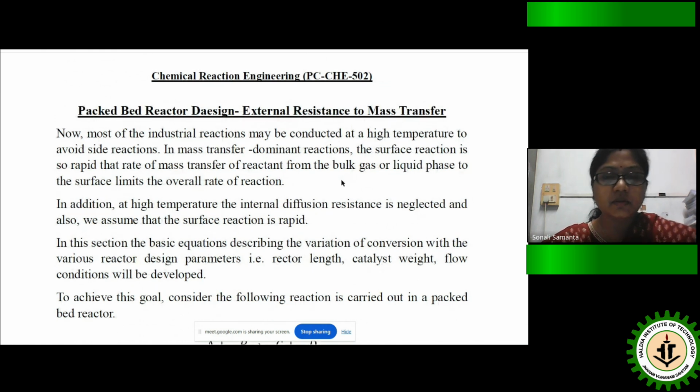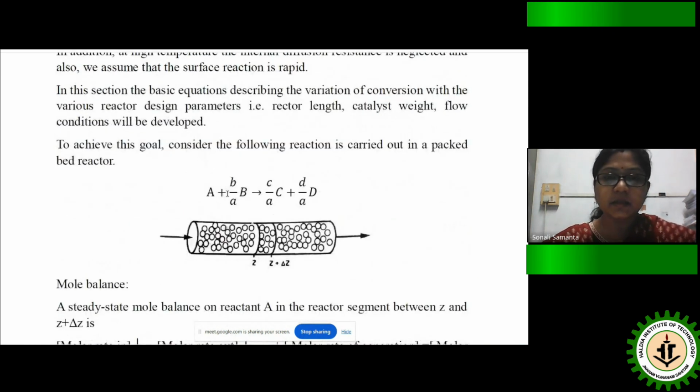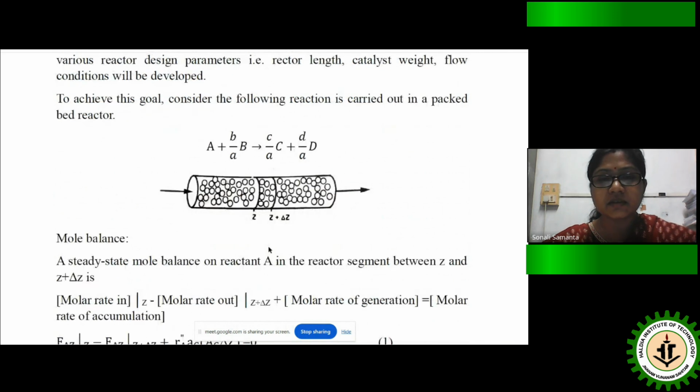We consider a reaction A plus B gives C plus D. The fluid is flowing in this side, and the products come out from this side, and the packed bed has multiple catalyst particles.